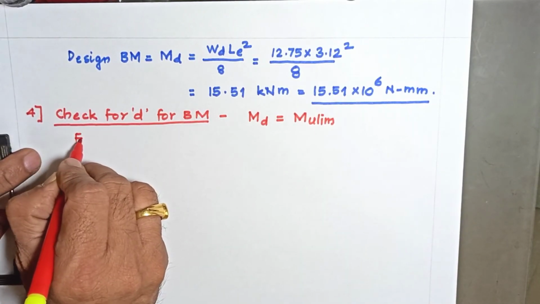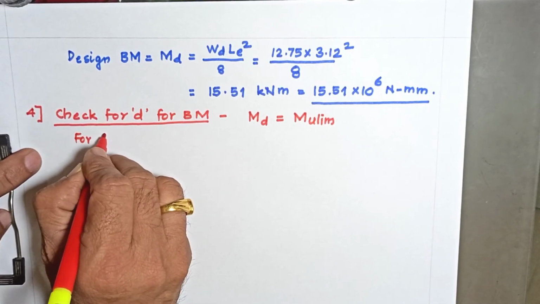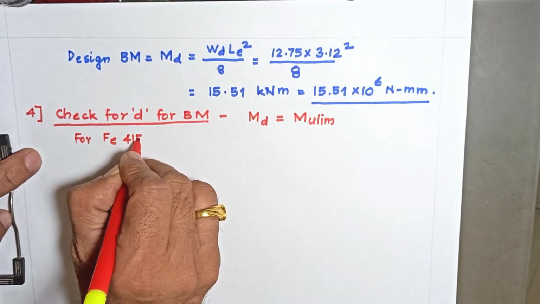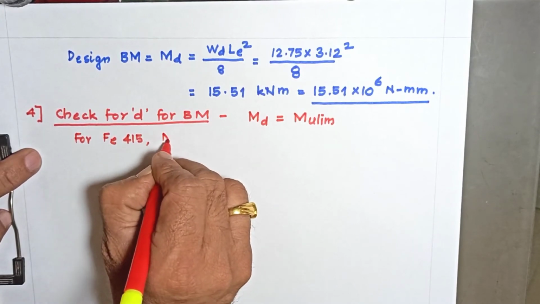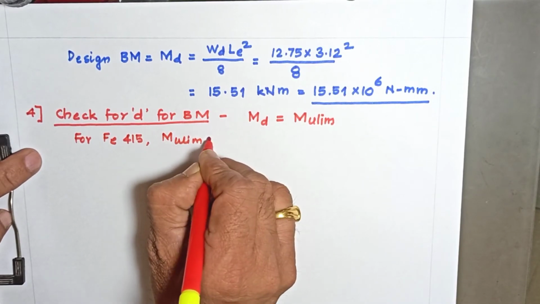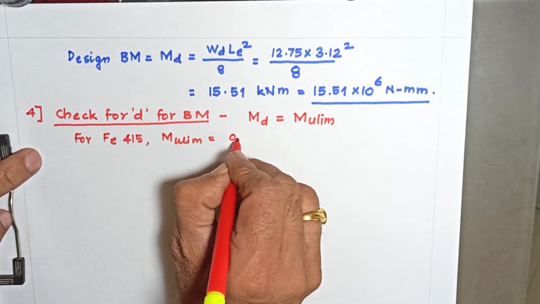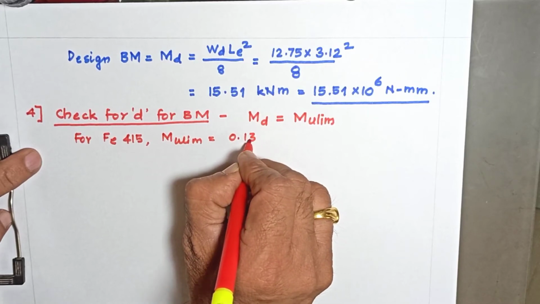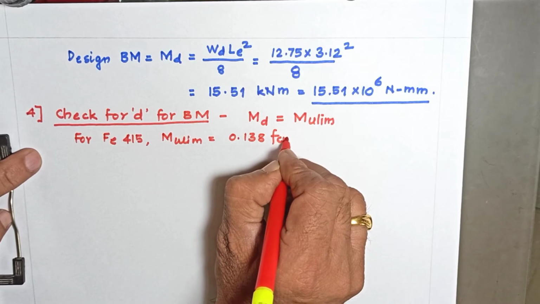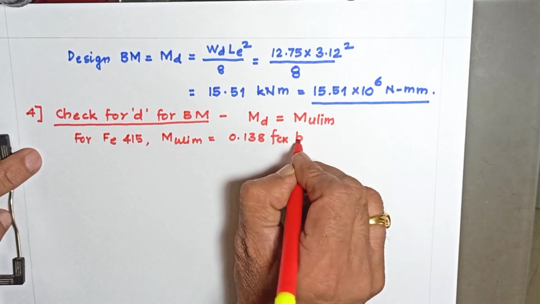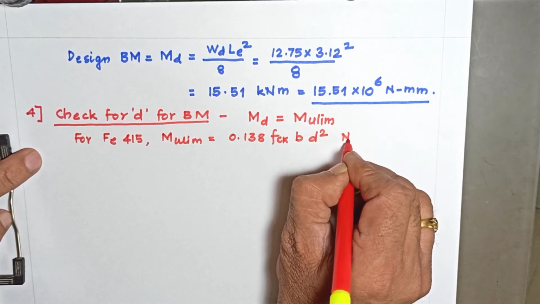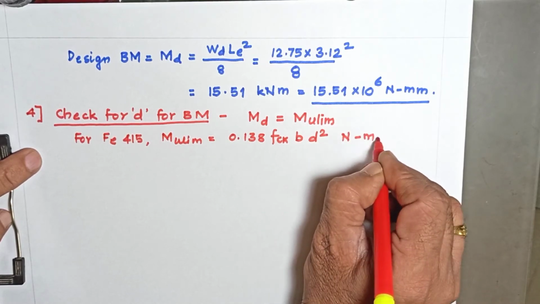For Fe415, Mu lim is equal to 0.138 fck b into d square Newton mm.